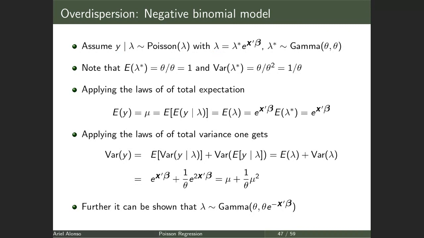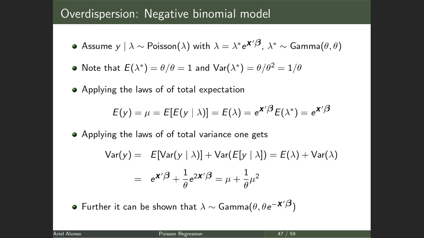Lambda is equal to the exponent of the linear predictor times another random variable, which we call lambda aster. This random variable follows a gamma distribution with parameters theta and theta. So it's like a modification of the Poisson model. It's not the pure classical GLM log-linear model, but you introduce this multiplicative factor in the mean.